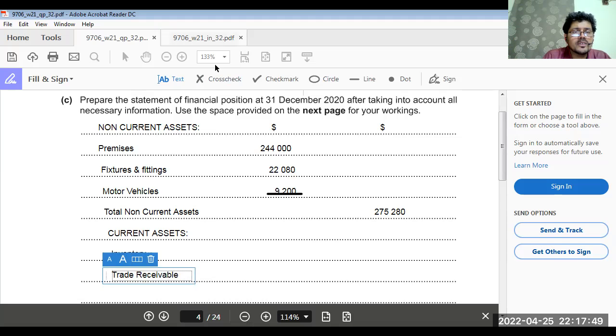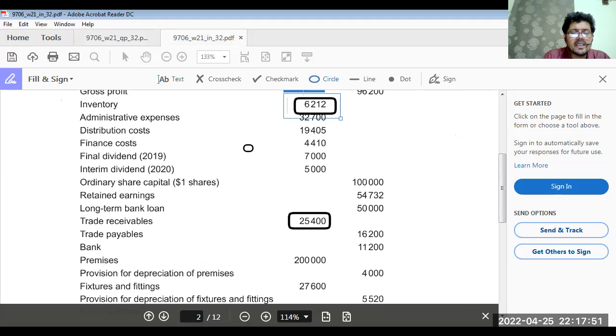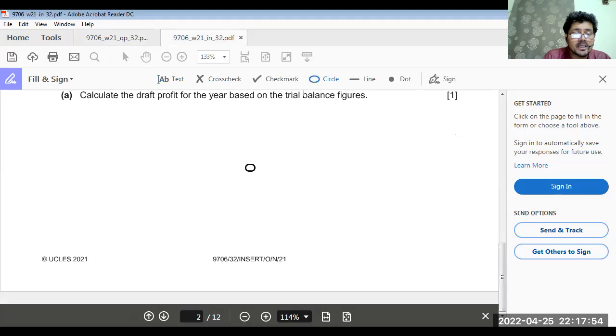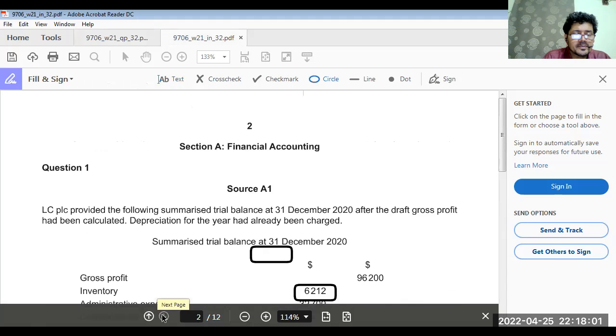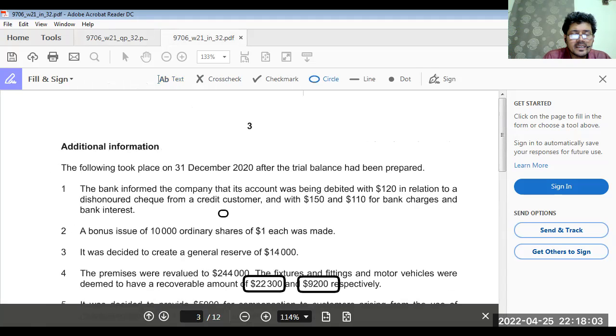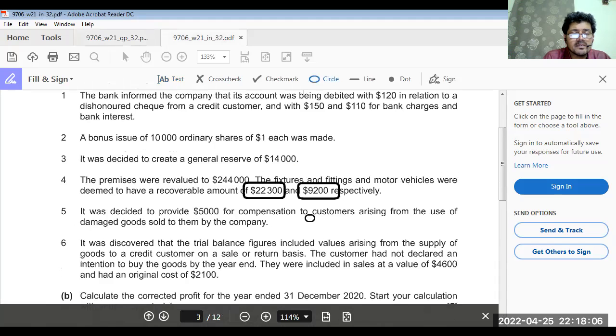Now, if we go to the insert again, we will find inventory 6,212, but we have to be careful because there is an adjustment of inventory. The cost of inventory of goods sold on a sale and return basis, where the customer has not yet given the decision, is going to be added in the ending inventory. So after which we are going to report it.